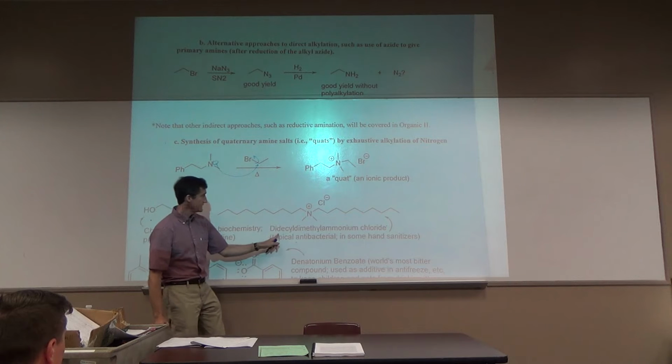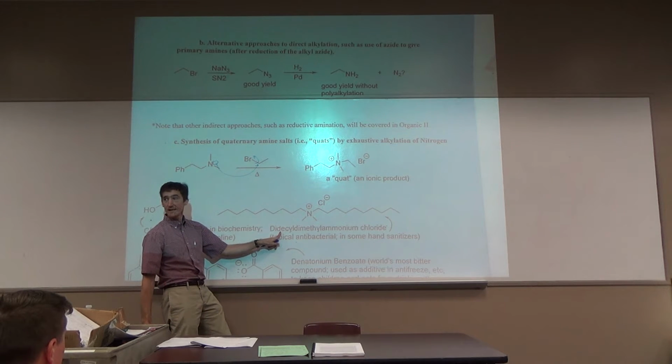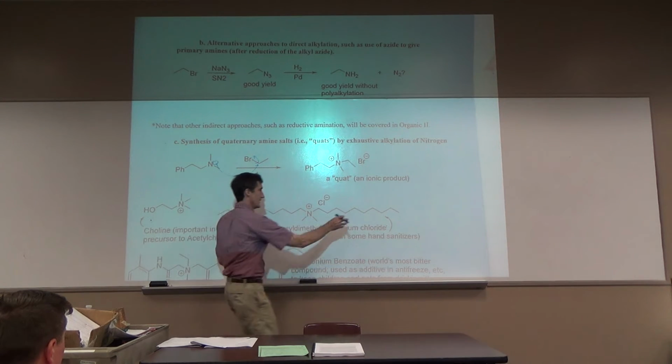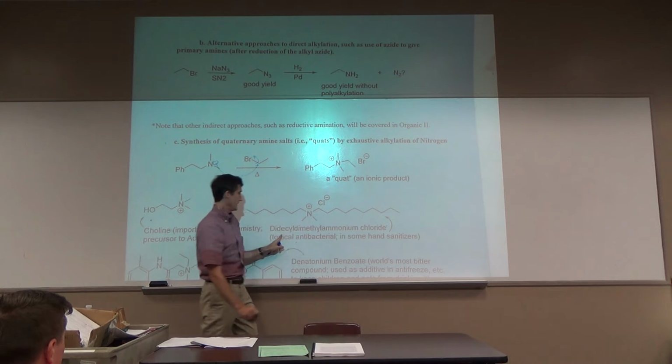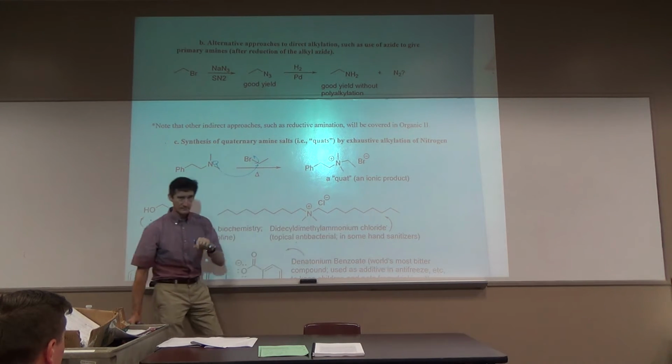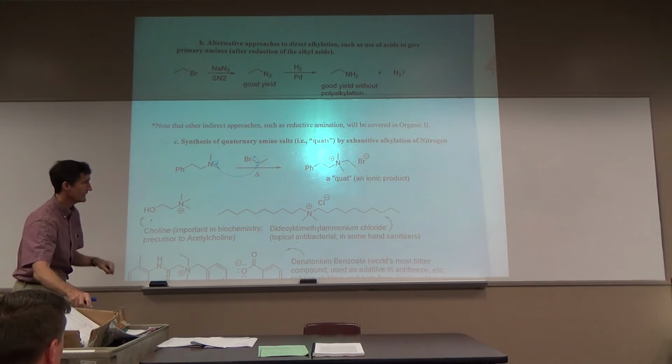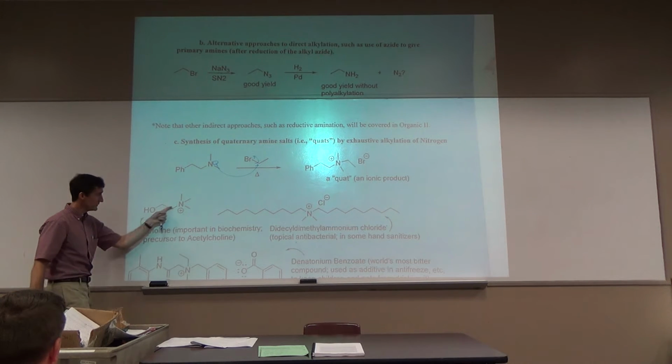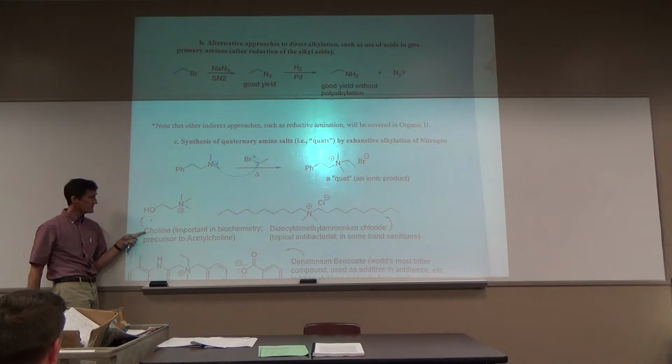Okay? What's the name of this? Didecyl. What is that? Two 10-membered alkyls. Didecyl dimethyl ammonium chloride. Okay? It's a quat. In biochem, you'll see choline. Sometimes it'll have an acetyl group, and it's called acetylcholine.